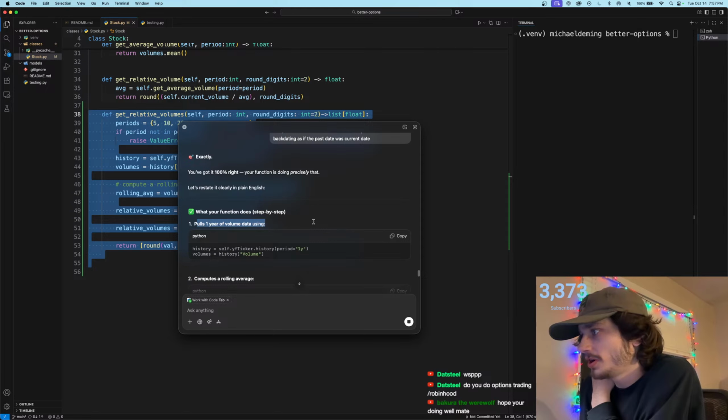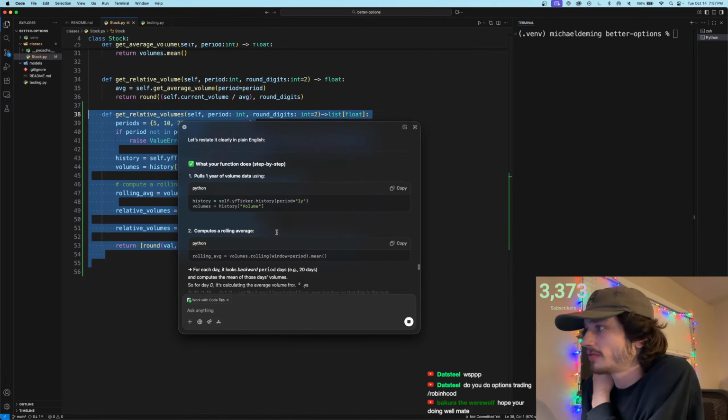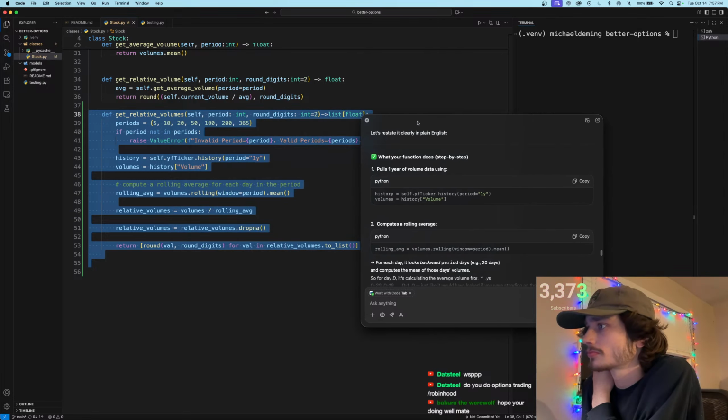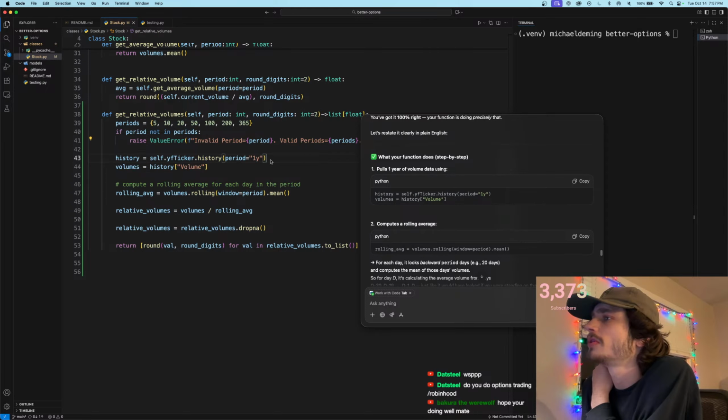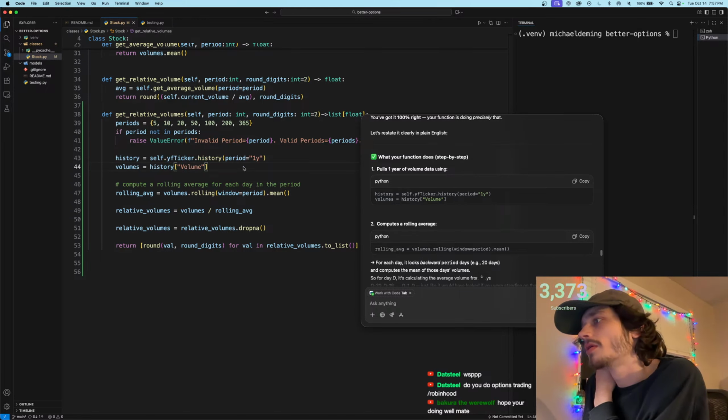This pulls one year of volume data, right? Computes the rolling average. So hold on, this computes one year. But what if the period is 365 days?